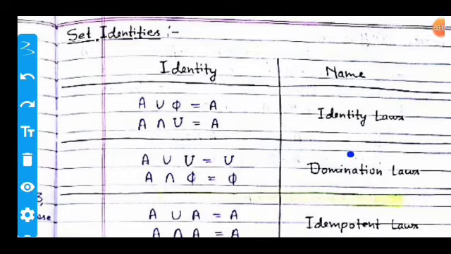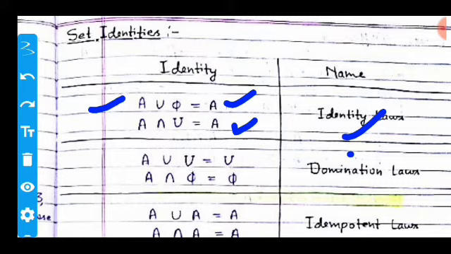Set identities. These set identities are based on some important rules and laws. Starting from the first law, your identity law. The identity law is represented like A union null is equivalent to A, and A intersection U is equivalent to A, meaning it represents the element itself.